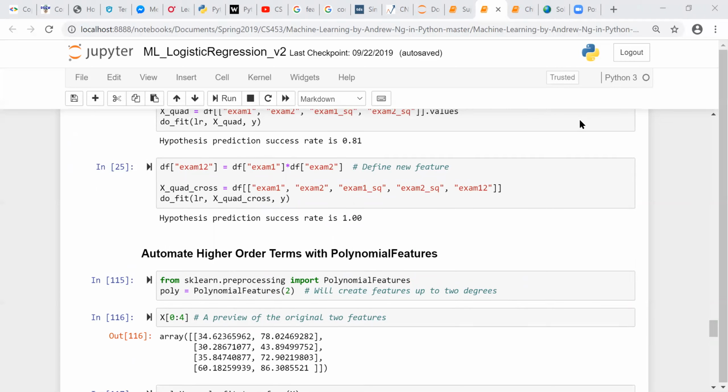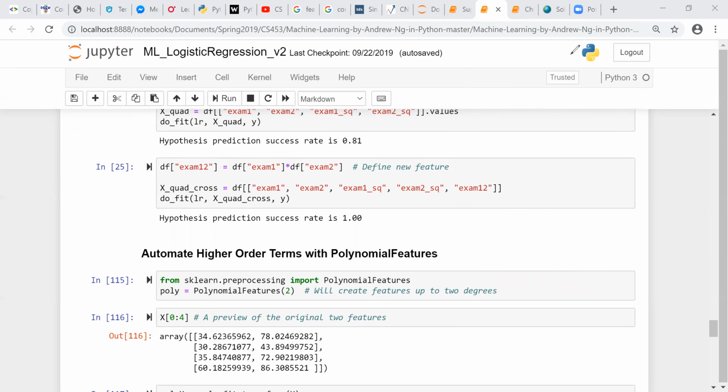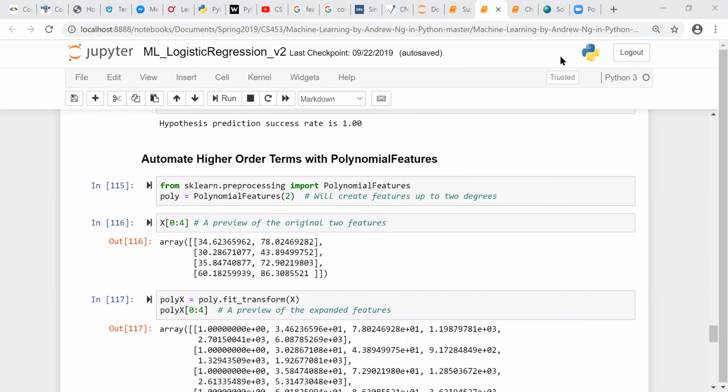You can also do cross terms. So that's theta 0 plus theta 1 x1 plus theta 2 x2 plus theta 3 x1 squared plus theta 4 x2 squared and theta 5 x1 times x2. This is a new term. Then you can try to use stochastic gradient descent or some other model you want to train.